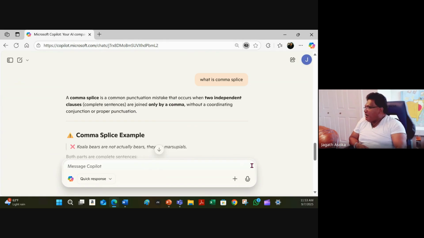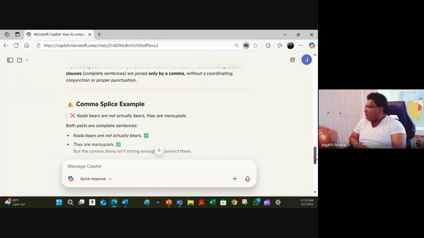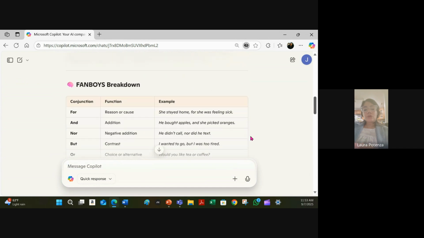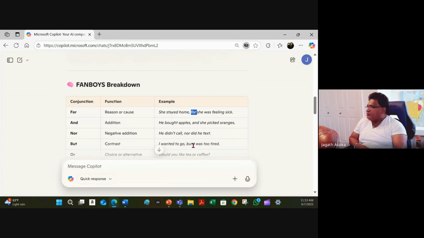So the comma splices, they give you an example right here. If I drop this for, that's a comma splice. See that? If I drop and just leave the comma, I can't do that. I cannot separate two. Let me ask a question.